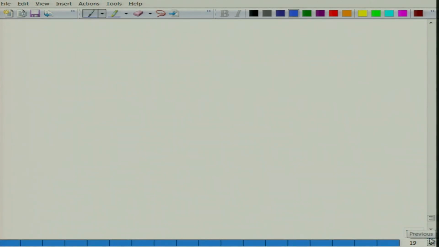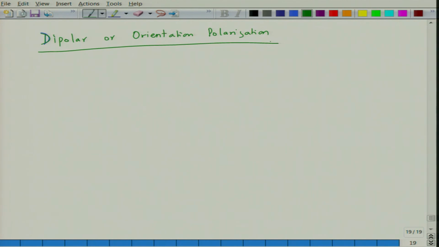The third one is called dipolar or orientation polarization. This generally happens with, let us say, a water molecule.